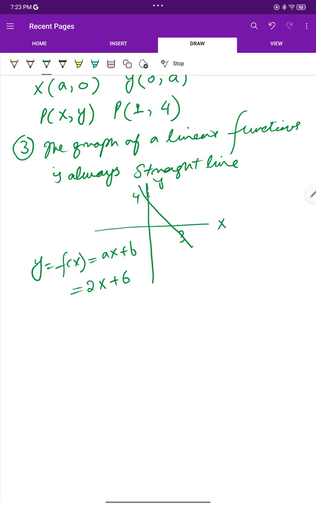There is another important thing in calculus, in mathematics, graphs and trigonometry: the intersection of two lines, the intersection of two linear functions.